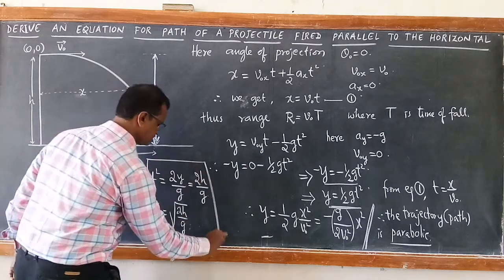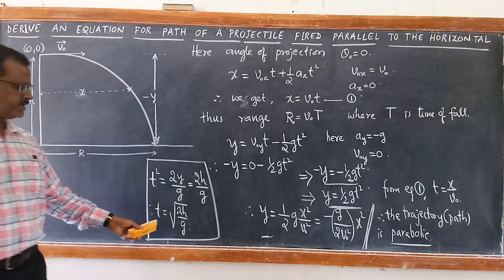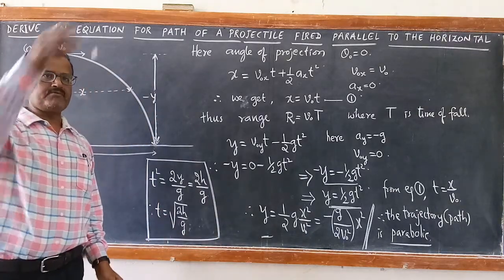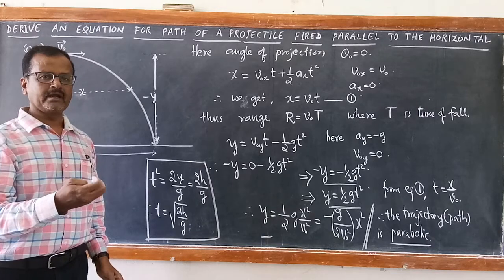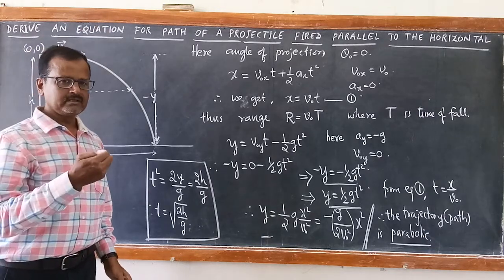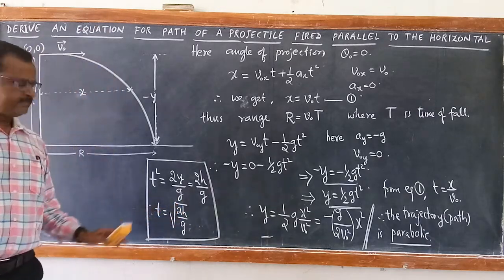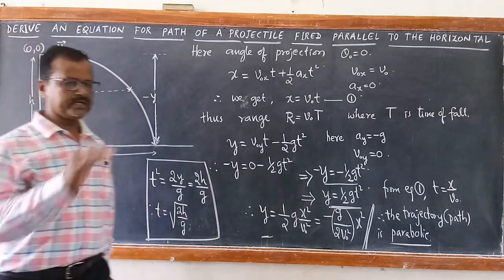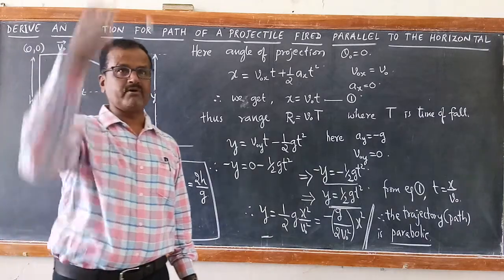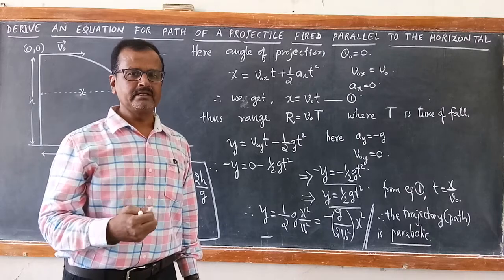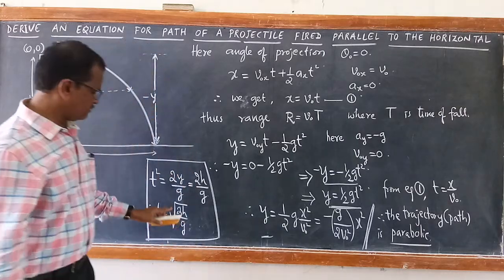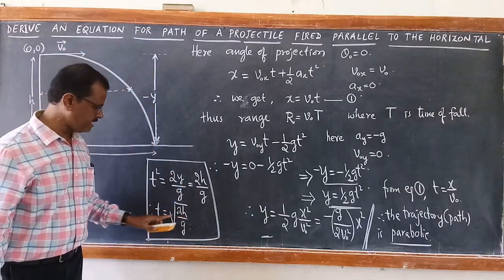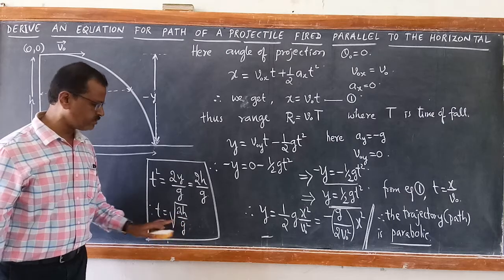If you recall, this equation is the same as the time of fall for a freely falling body from the same height. Just see, this equation we have derived earlier also for a freely falling body. Time taken to reach the ground from a certain height h is given by square root of 2h by g.